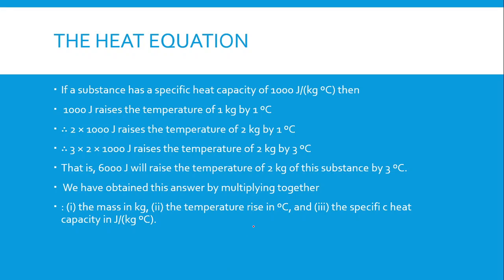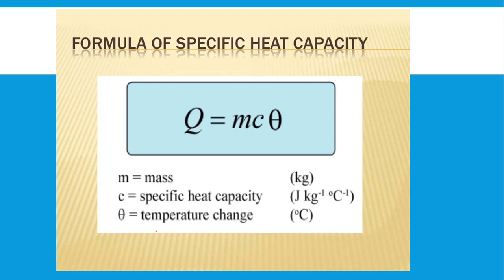We've obtained this answer by multiplying together the mass in kilograms, the temperature rise in degrees, and the specific heat capacity in joules per kilogram Celsius. So this is the formula: Q is equal to mass multiplied by the specific heat capacity multiplied by the temperature change, where Q is the heat required and C is the specific heat capacity.